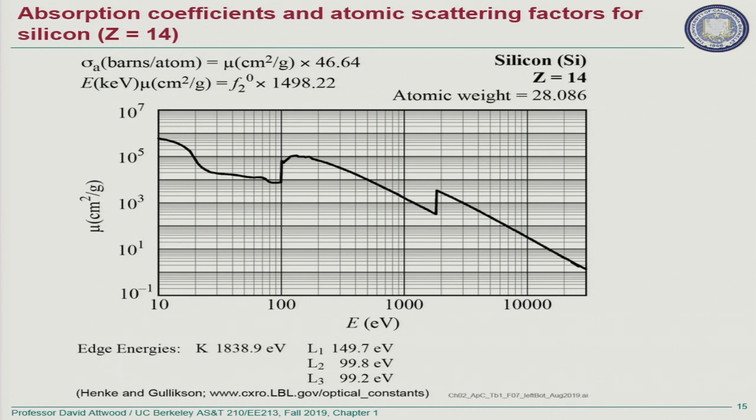That's right below 100, and in that region, silicon becomes a very non-absorbing material, so it becomes a very useful material for making optics. Talking about different types of X-ray optics and soft X-ray optics is a big part of this class.